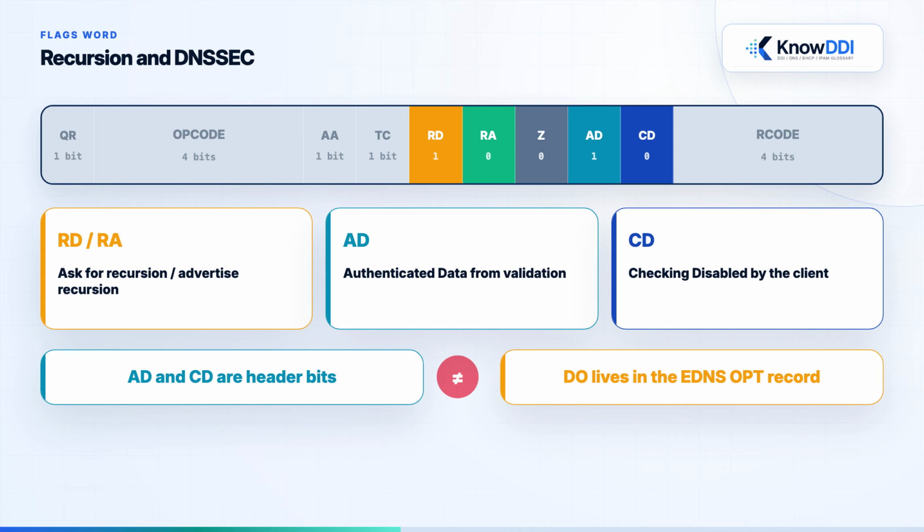Authentic data is used by a validating resolver to indicate that the relevant answer data passed DNSSEC validation. Checking disabled lets a client ask a security-aware resolver not to enforce validation for that query. 1 reserved Z bit remains. These bits are easy to confuse with the DO bit, but DO is not in this header. It lives inside the EDNS OPT record.